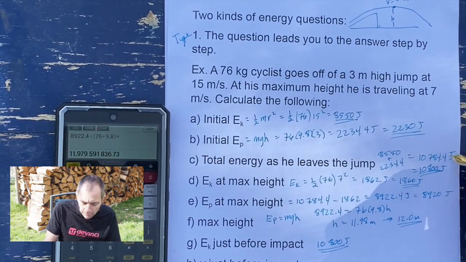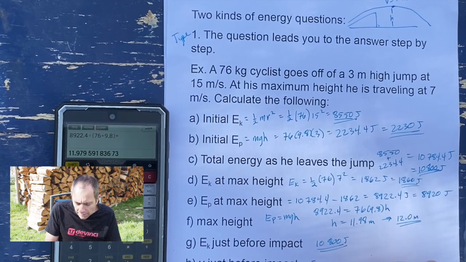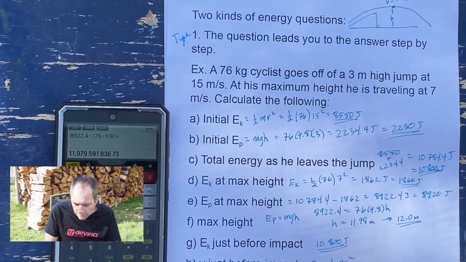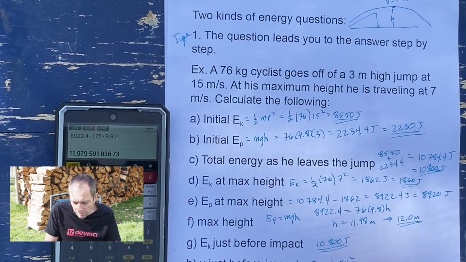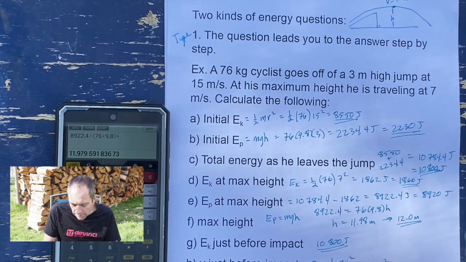Of course, we'll use the unrounded version. So we'll go EK equals a half mv squared. So we're going to go 10784.4 equals a half 76 v squared, and we'll just come up with our answer here.